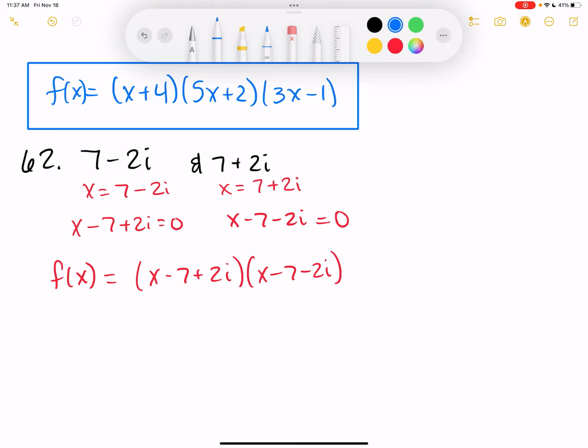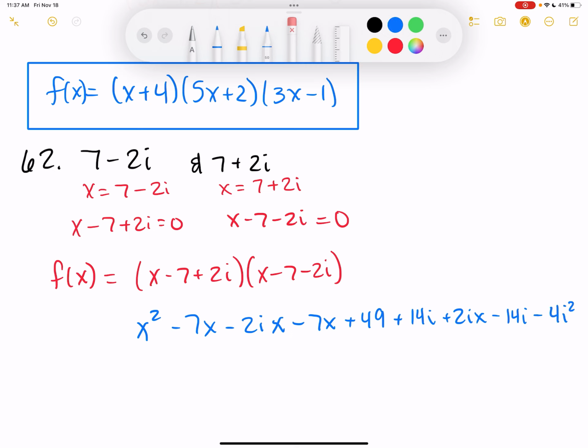So I've got x squared minus 7x minus 2ix minus 7x plus 49 plus 14i, then plus 2ix minus 14i minus 4i squared. i squared is what? Negative 1. So I'm going to change this to plus 4.